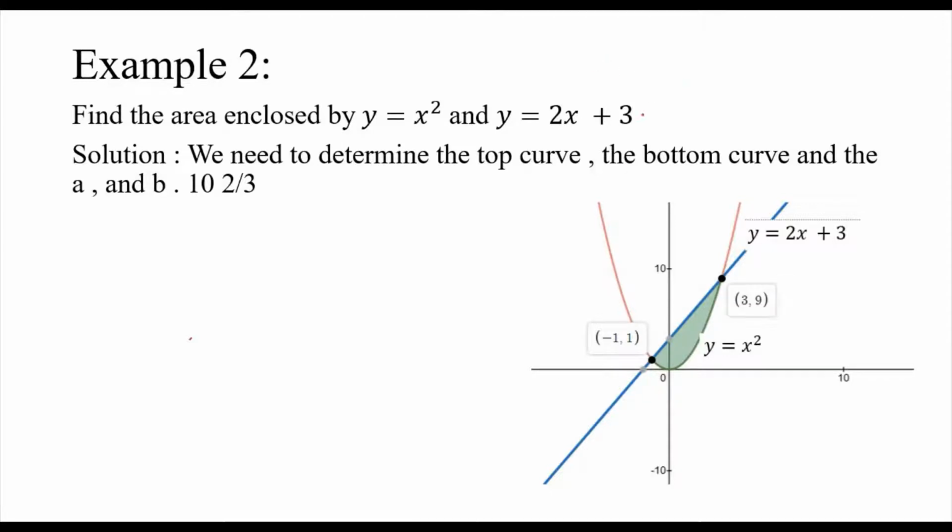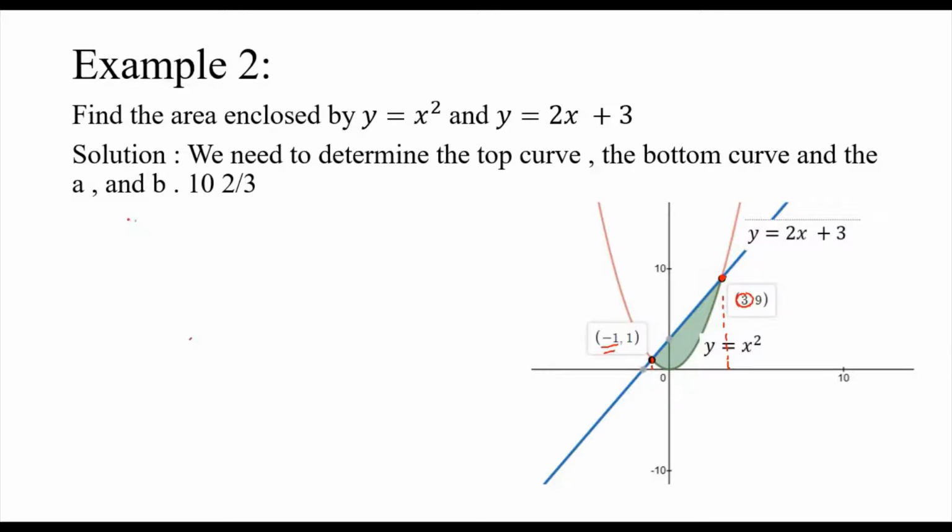I don't have that explicitly in the question, but from the graph I can see that this region ends at this point where x is equal to -1, and you could figure that out on Desmos by clicking on that point. And it goes all the way to this point right here where x is equal to 3.